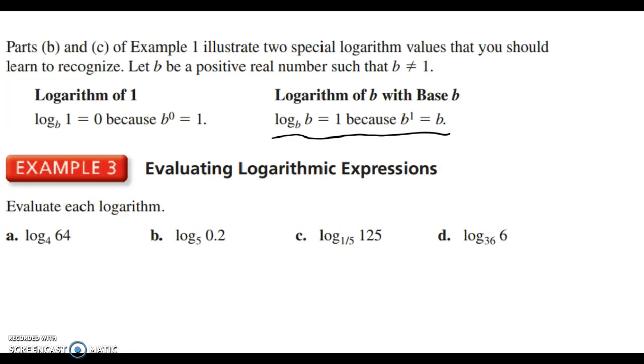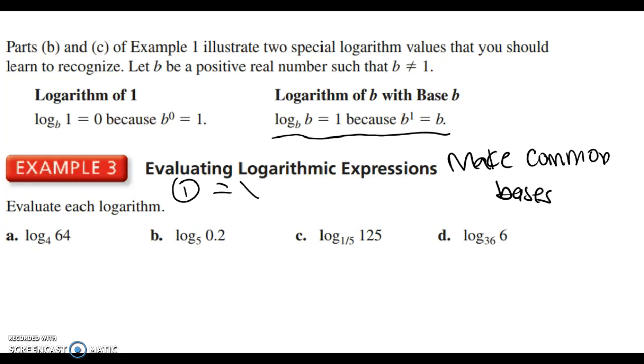Now let's look at example 3, evaluating logarithmic expressions. What we're going to need to do is make common bases. So, step 1, equal it to x. Step 2, rewrite.